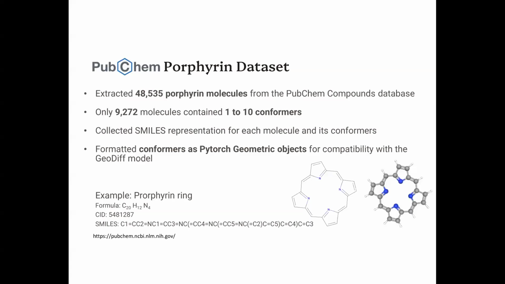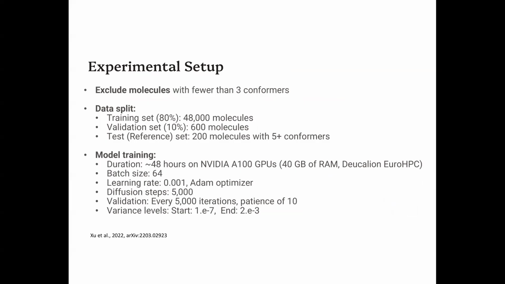So as a starting point, we collect the SMILES representation for each molecule for which a conformation is available, and format them as PyTorch Geometric objects to be input to the model. And you have here on the screen the porphyrin ring, the simple one, with the chemical formula and the SMILES representation.